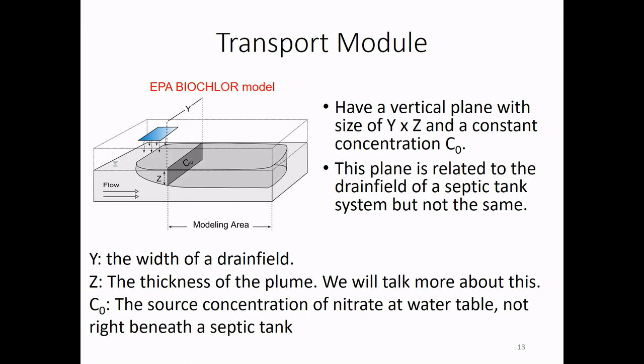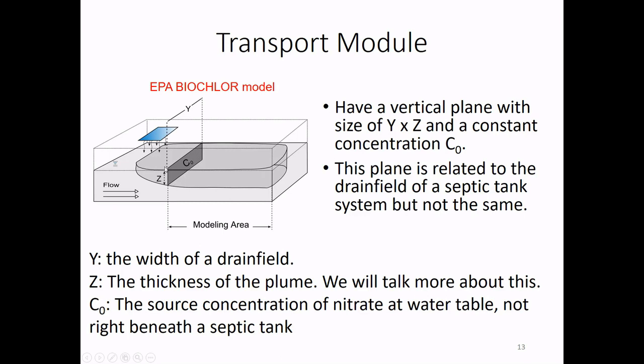We have more discussion there, but z is simply to convert or expand a 2D plume into a 3D plume. Then we can use it to calculate the mass to the aquifer and to the surface water body, right? So now we know what the y and z are, and now let's talk about C0.